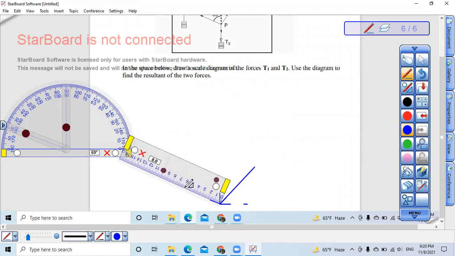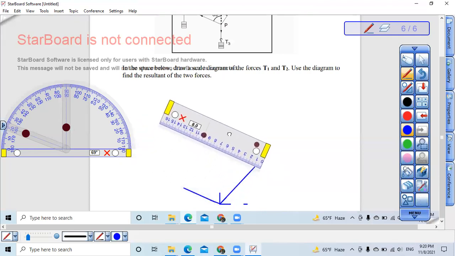Okay, this is 6 centimeters. Then I will move the protractor, or use the compass, and measure this angle. Now we know that in a parallelogram, if this angle is 69 and this angle is 44, the opposite of this angle is supposed to be a corresponding angle.